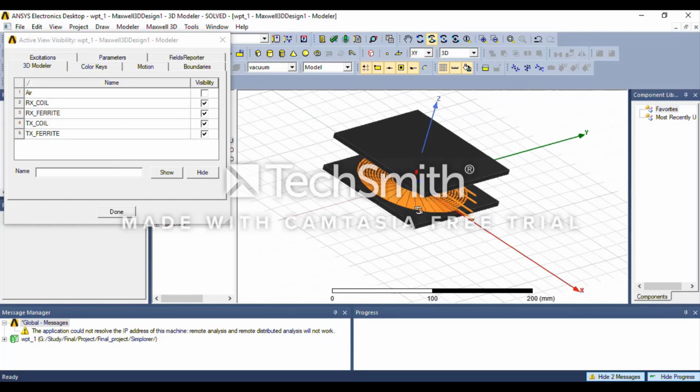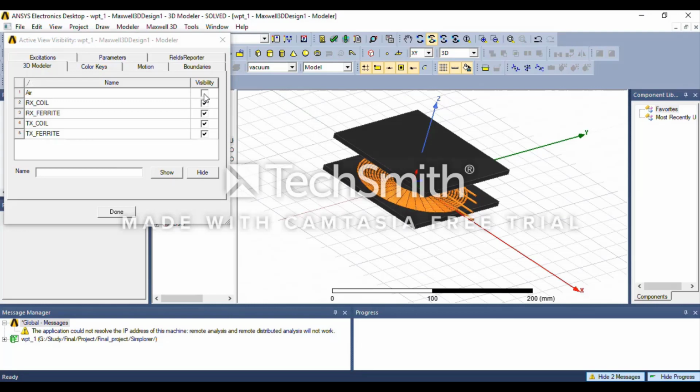The self inductance value of 25 microhenry, which we have previously seen, is with this ferrite plate. If we remove this ferrite plate, the inductance value will be quite a bit less than what the results are showing.